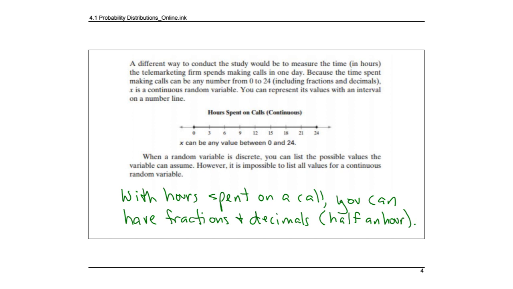And so because we can use all of the number line and all of the decimals and fractions in between, we are going to say that this is a continuous random variable. So if you're using just the tick marks on the number line, that's going to be discrete. If you can use all of the fractions and decimals, then it's going to be continuous.